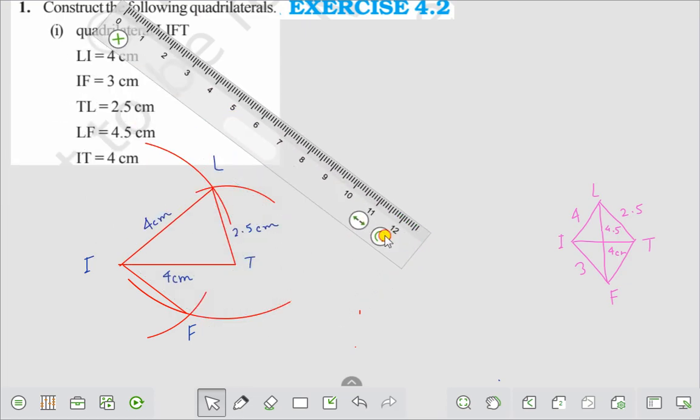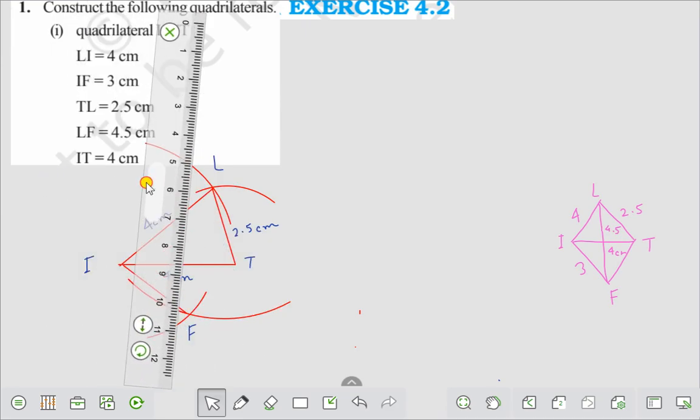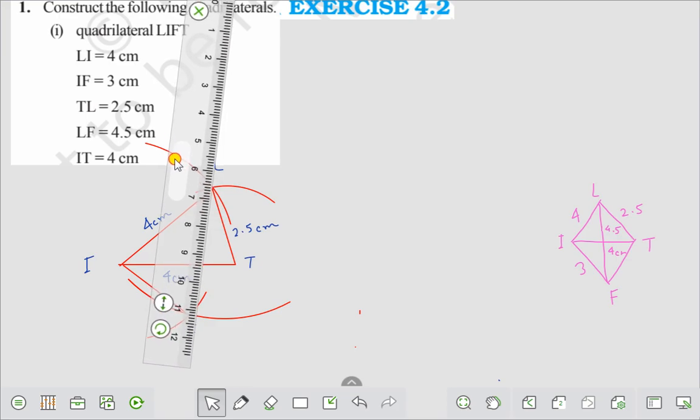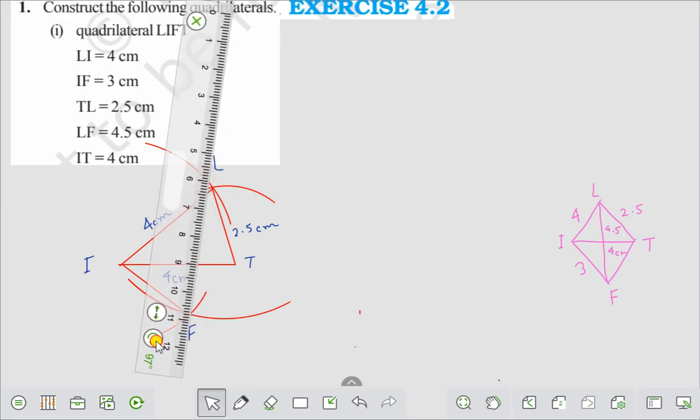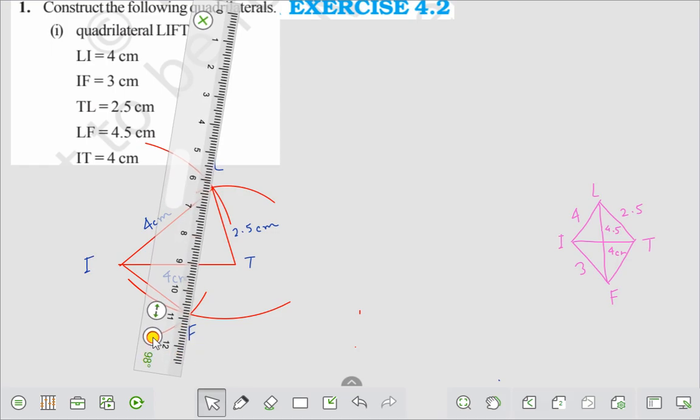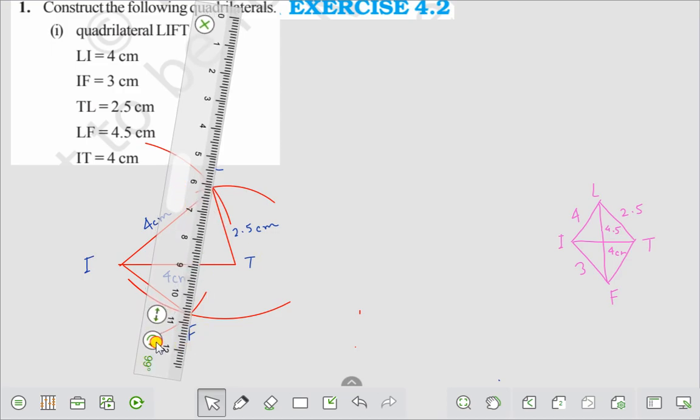Join L with F. Now join this one, LF is 4.5 centimeter, right?